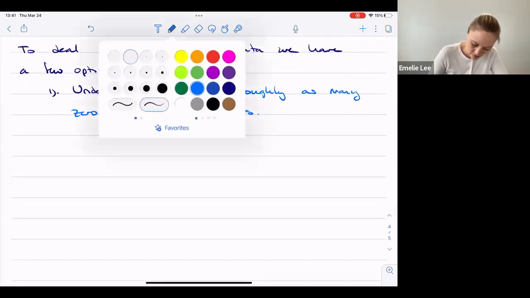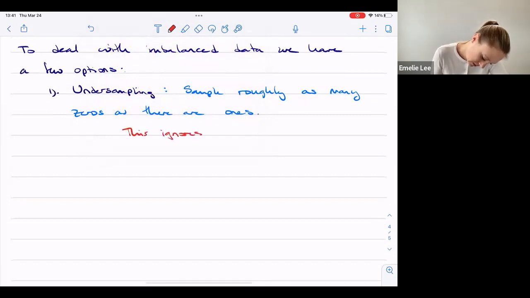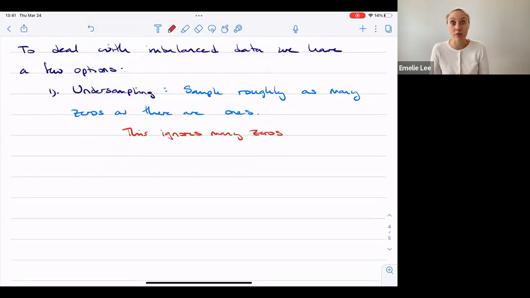But this ignores many zeros. So that's bad. That's why I wrote it in red. Okay. So that's one of the options though, right? And then you would have the ones on a level playing field and you'd be able to see those ones.